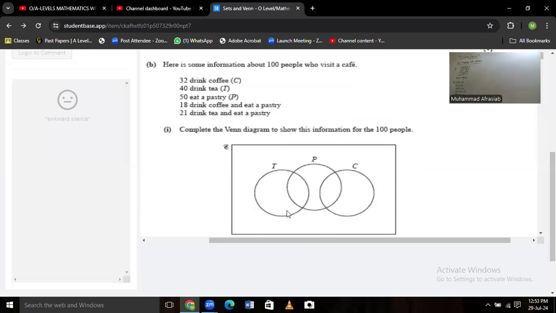This is the figure shown there. It is tea, it is P, and it is coffee.